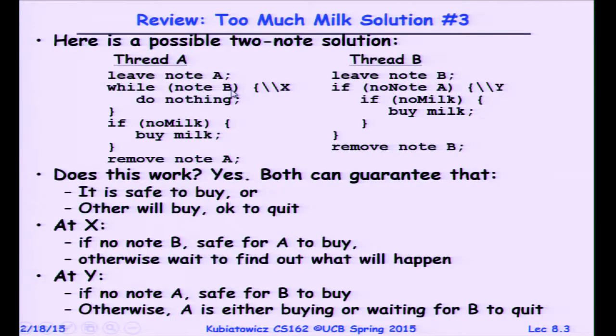And the other big problem here is that thread A potentially has to spin looking at a note from B to decide whether B is going to go and buy milk or not. Then eventually, once B is no longer looking in the refrigerator, A goes ahead and checks the refrigerator. So there's busy waiting in here too, which is not desirable. But yeah, this works. Were there any questions on this solution?